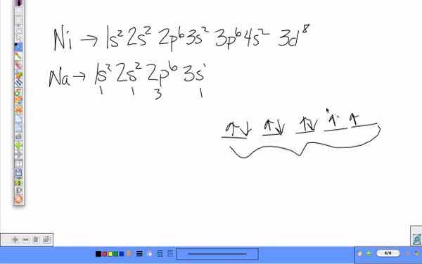If they ask how many are completely filled, it'd be 1, 2, 5, 6, 9, 10, 13. Yep, 13 completely filled. Two lone electrons here, no empty orbitals. You'd have an empty one if it was like 3d3.